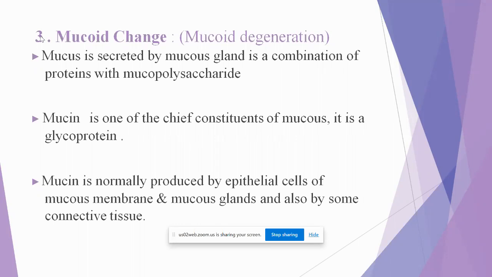It is a glycoprotein. Mucin is normally produced by epithelial cells of mucous membranes and mucous glands and also by some connective tissue.